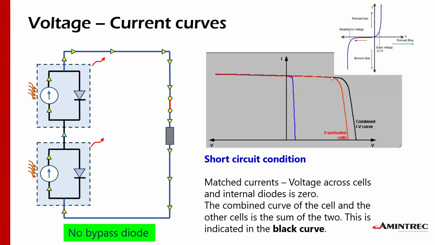I have one curve and I have the other curve. If I had more cells, that would be this red, for example, right here it says 9 unshaded cells. I'm assuming that this will be equivalent to having 9, and this is only 1. The total amount of current will be the addition of these two curves, which gives me this black curve. So I add this to this, then I have this curve over here.